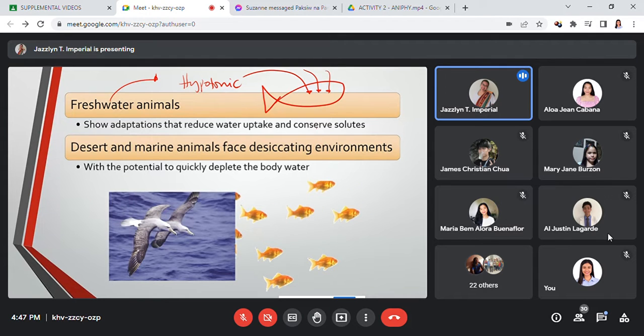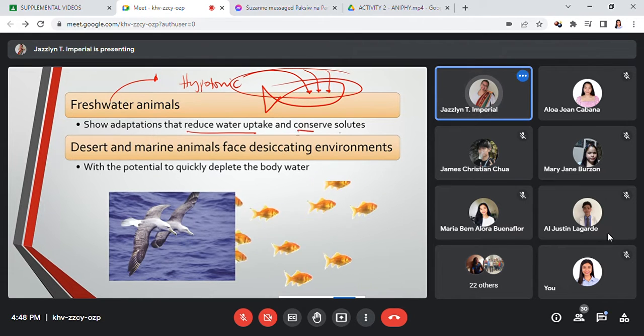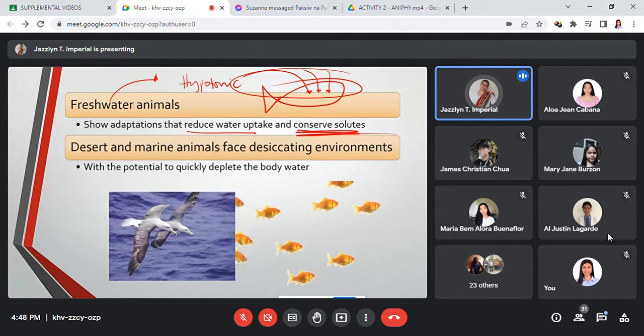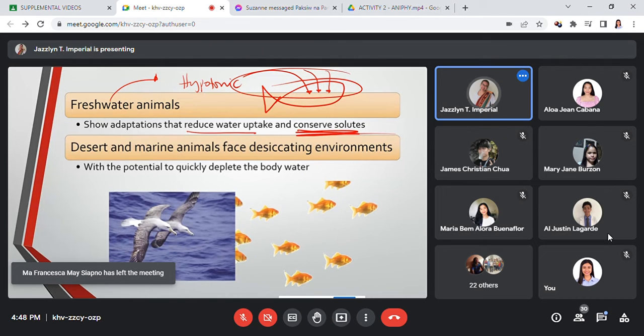So freshwater animals have mechanisms to reduce this process of water uptake, and in the process, conserve solutes. We need those, right? Solute levels must be maintained because these are important ions, electrolytes in the absorption of nutrients. In transport, like facilitated transport, you need ions, you need sodium, potassium, chloride. So you need all of this. Okay?